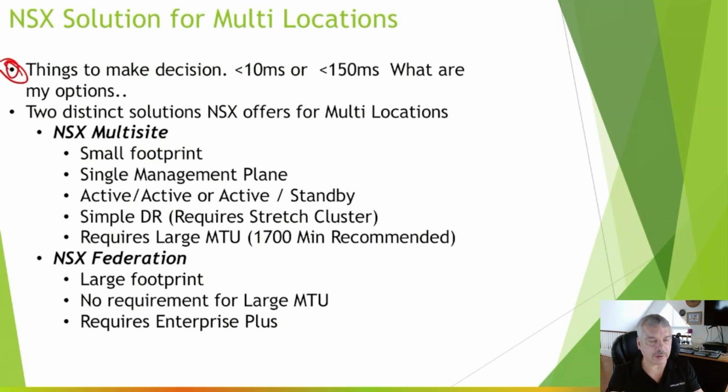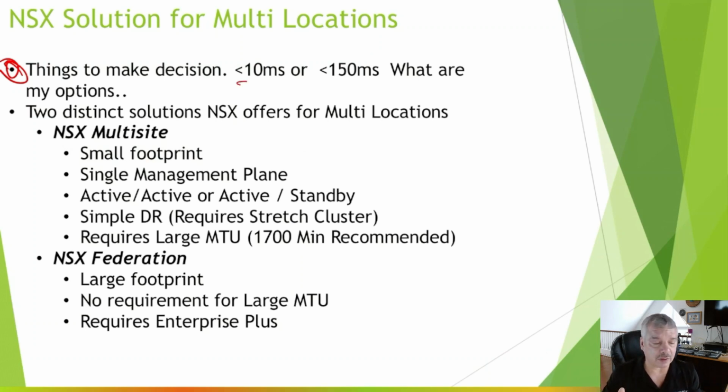My first bullet here is that some of the deciding factors will be the latency between sites. Now, you're going to hear me talk about locations and sites and all that. This could also be the same data center, just in different racks. So I'm going to use the words sites and locations very loosely here, but you could also apply this to racks of servers inside the same data center.